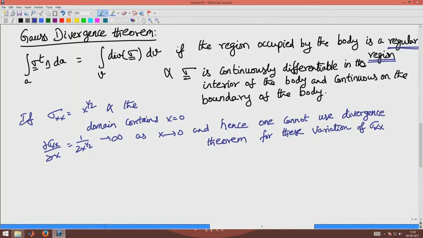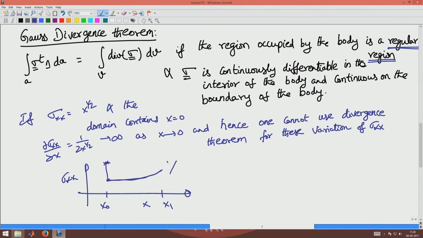Continuously differentiable in the interior and continuous at the boundary means, if I have sigma xx versus x from x0 to x1, I can't have such a variation, that is, it can't have a different value at the boundary and two different values near the boundary; it has to be continuous.